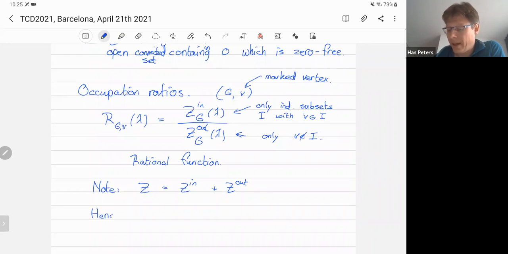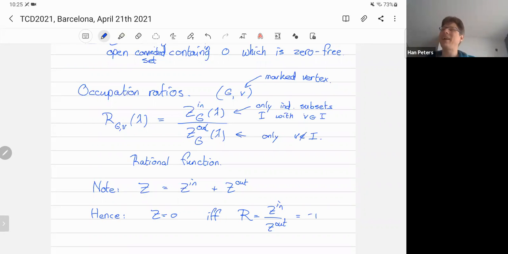So hence Z is 0 if and only if R, which is Z_in divided by Z_out, is -1. Well, it's not exactly true, because they could both be 0 and you could have some cancellation.